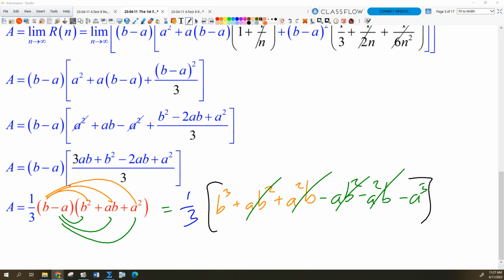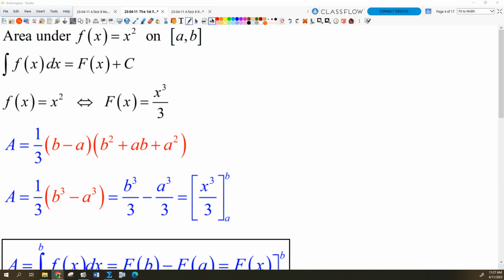Okay, that's significant, right? So what's that telling me then? That's telling me that if my answer looks like this, we said that's b cubed minus a cubed. Well, that's the same thing as b cubed over 3 minus a cubed over 3. That's interesting.